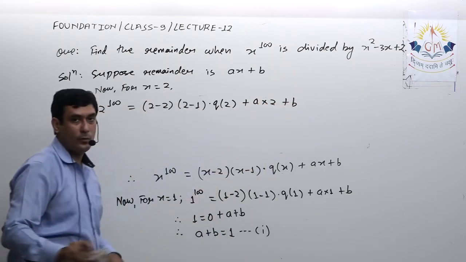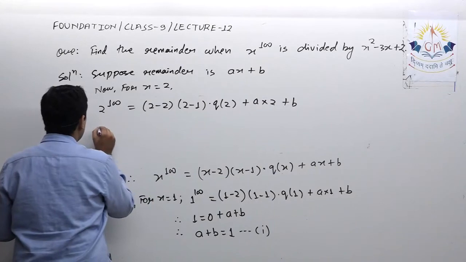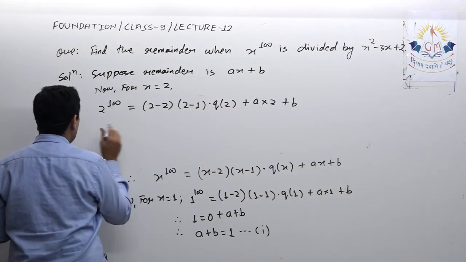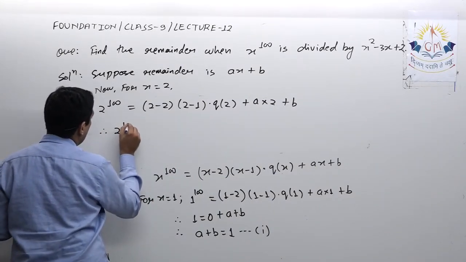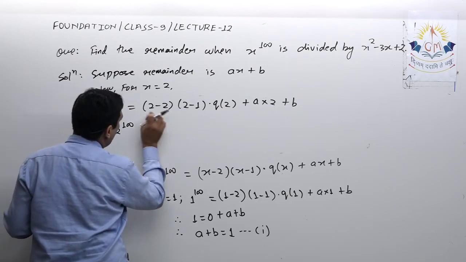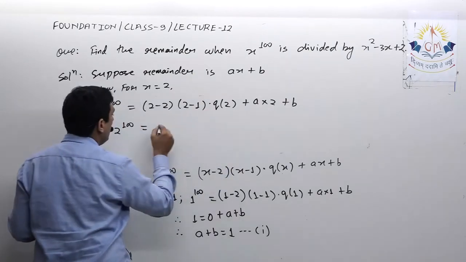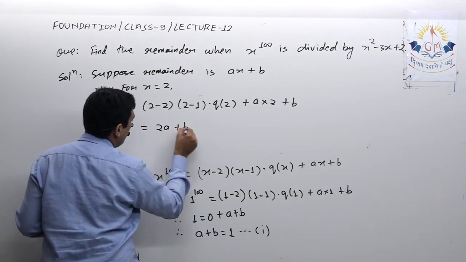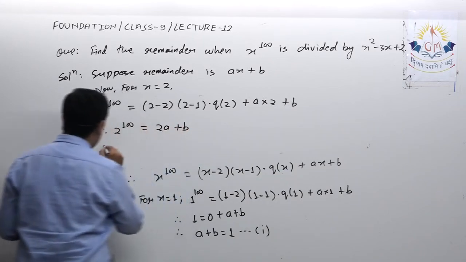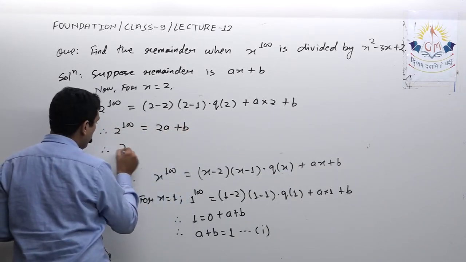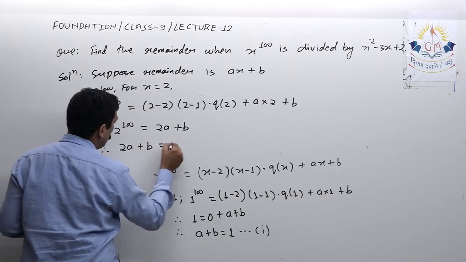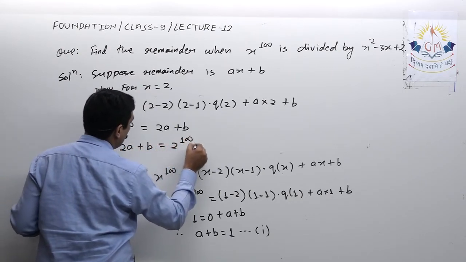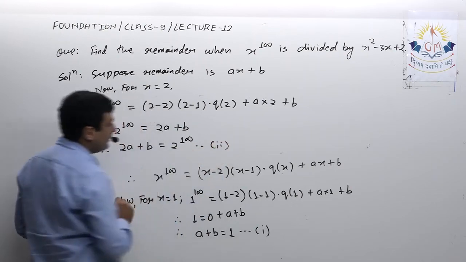Simply I kept x equal to 2. So this gives me 2 raised to 100 is equal to 0 multiplied by whatever, 0, plus 2a plus b. Therefore I got 2a plus b is equal to 2 raised to 100. That is my equation number 2.